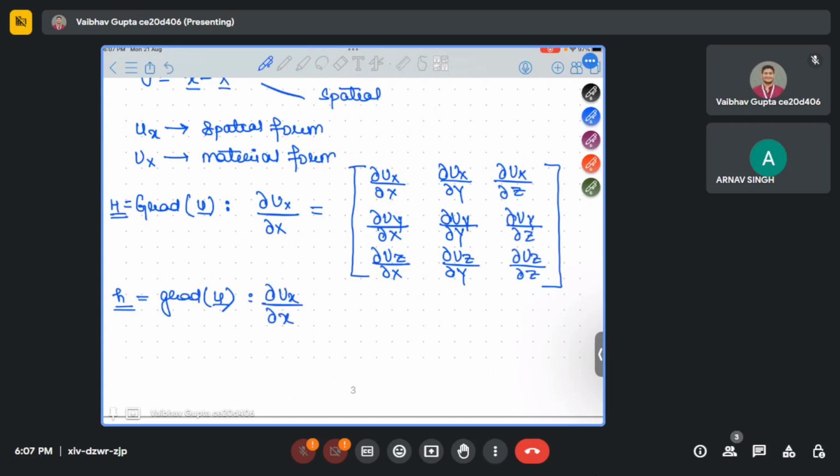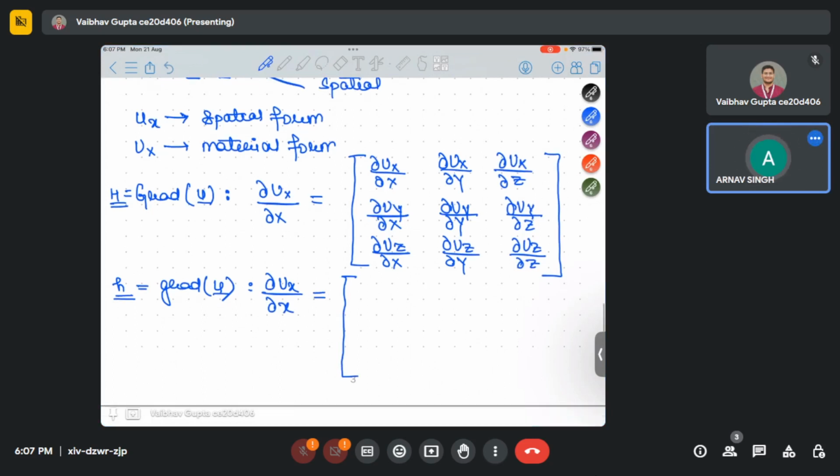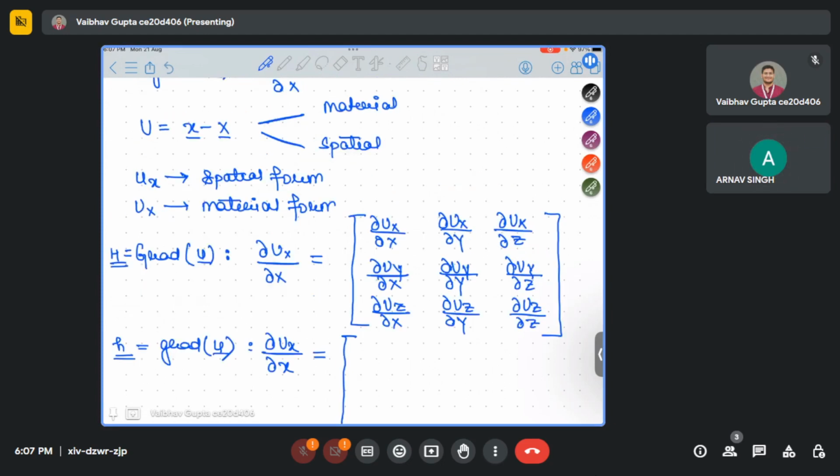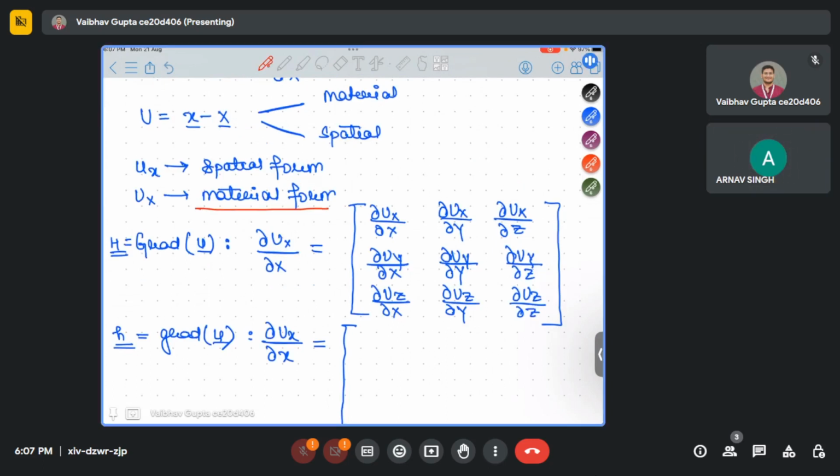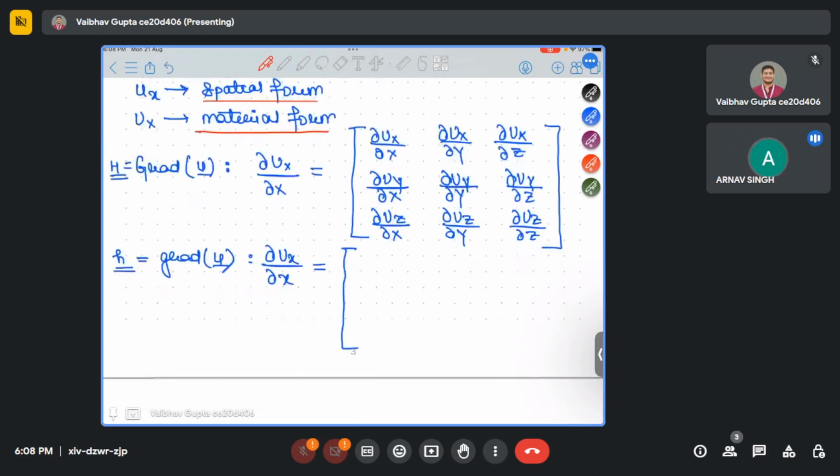Sir, what is the difference between capital and small h? Capital H is the displacement gradient of the displacement vector in material form, and small h is the partial derivative of the displacement in the spatial form. Got it? Yes. We'll solve one example and see. All these things will be clear.